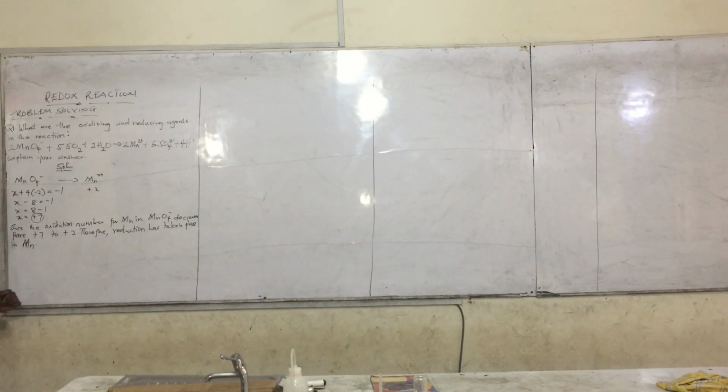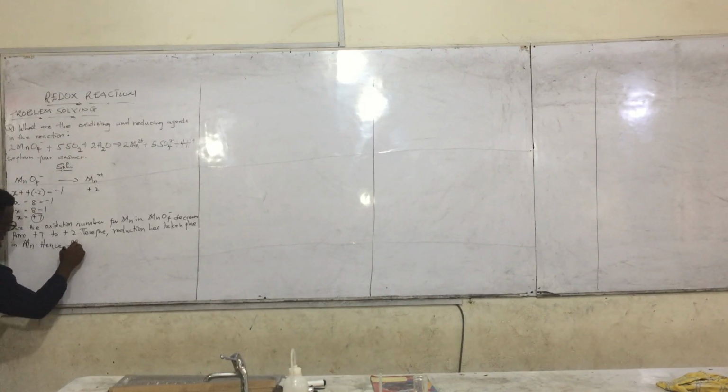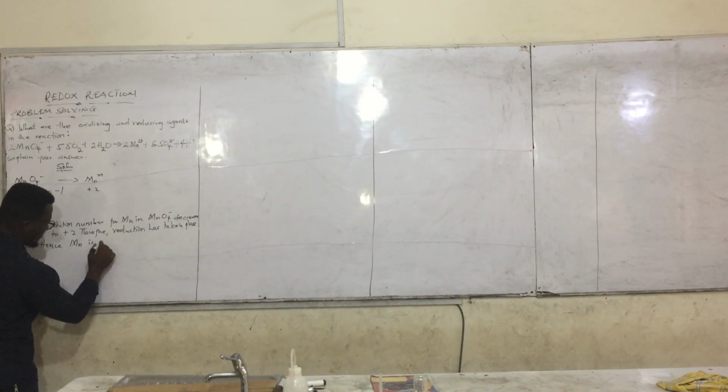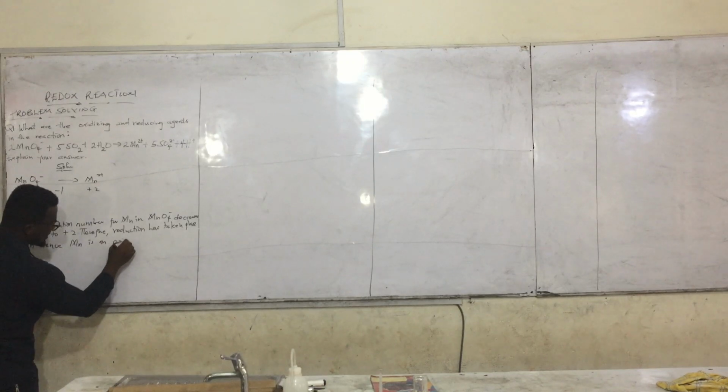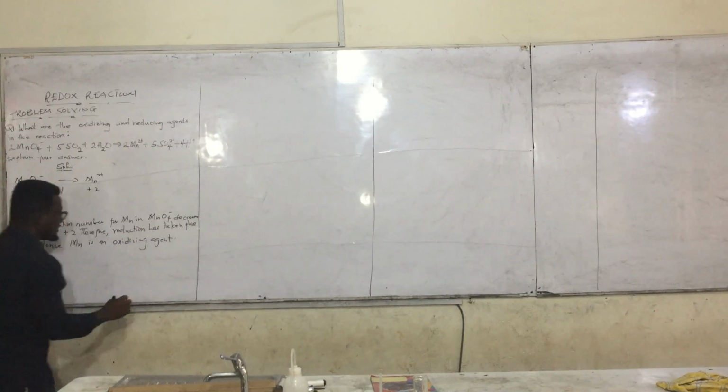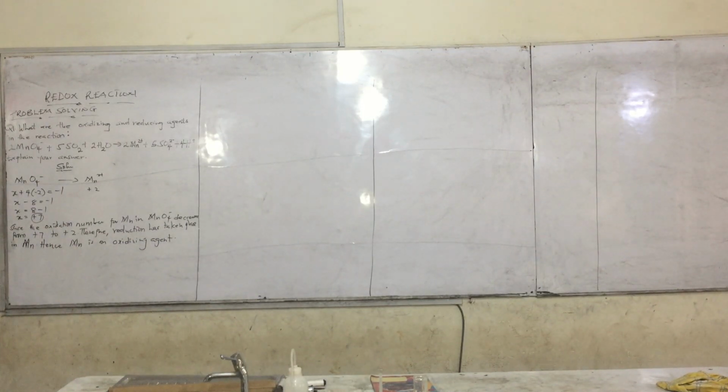So this means that reduction has taken place in Mn. Now, hence Mn is an oxidizing agent. Since Mn is reduced, then it's an oxidizing agent. So hence Mn is an oxidizing agent.